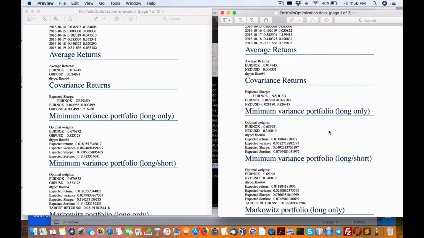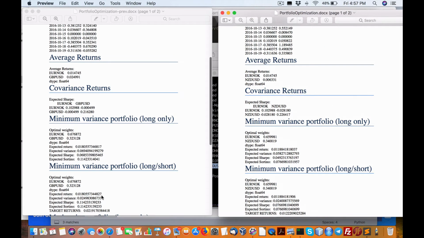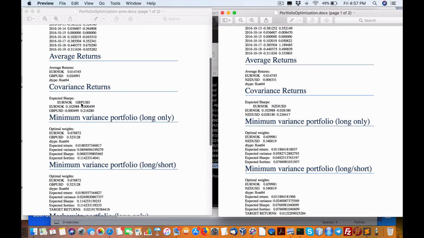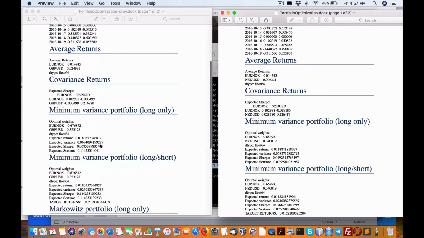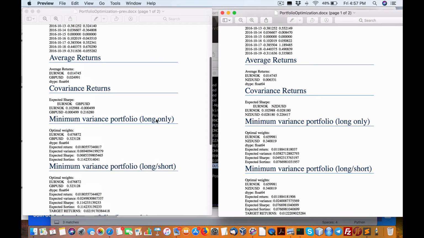So here's where we stop, right here on the left, on the Euro Norwegian kroner combined with the British pound and US dollar. If we look at these two analysis types using minimum variance for long only and minimum variance for long short, what we get here is a pretty small pittance in returns. Actually, it's better than this one by a long shot.